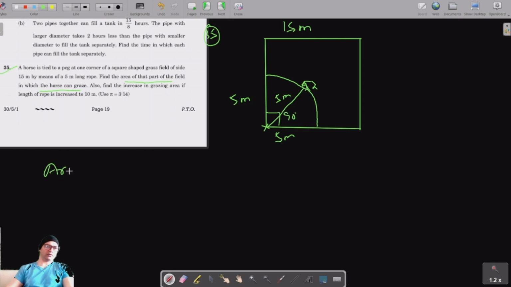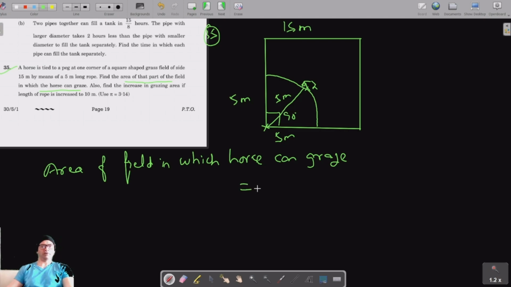So the area of the field in which the horse can graze is in the form of a quadrant, which is a sector with central angle 90 degrees. So it's theta by 360 into pi r square.